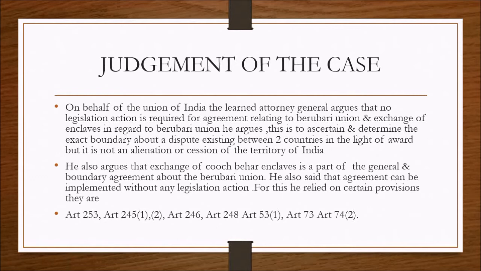These articles are mostly related to the powers of Parliament to make any law, to acquire or cede any part of Indian territories or others in favor of a foreign country.